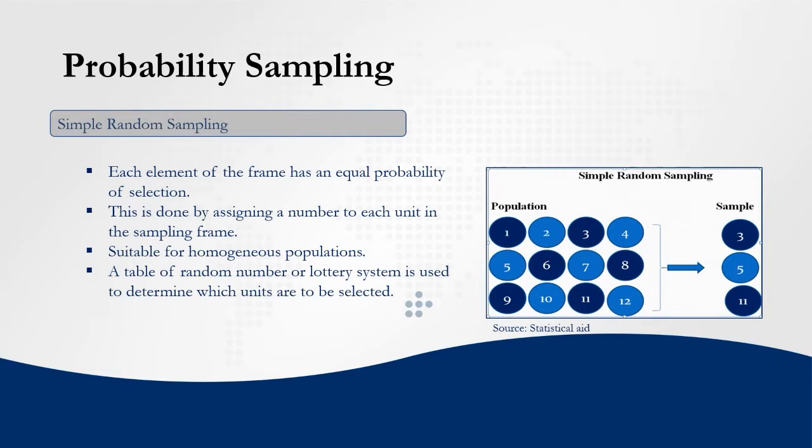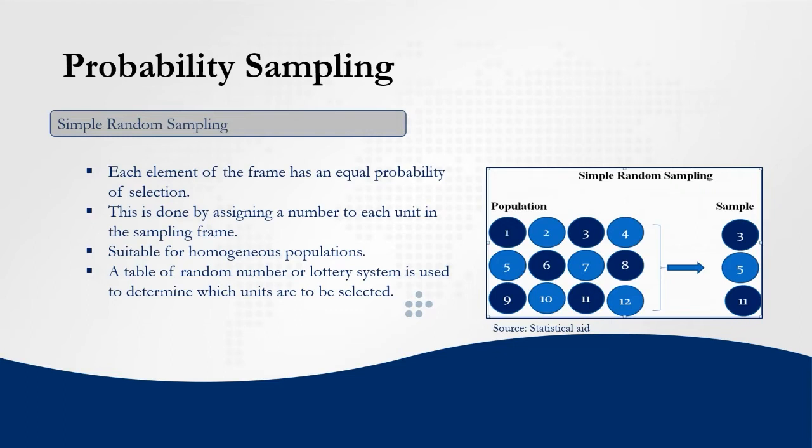If, let's say, age is one of the variables of interest, and you have very old people and very young people, just a mixture of ages, then simple random sampling wouldn't be appropriate in that instance, because you are sampling randomly, and it's possible that you can sample mostly young people, or maybe mostly older people.